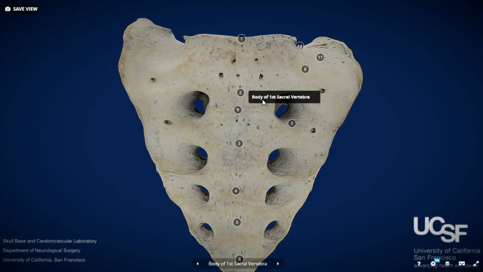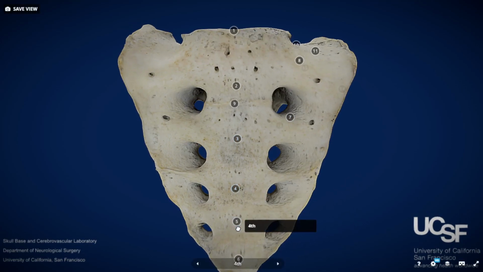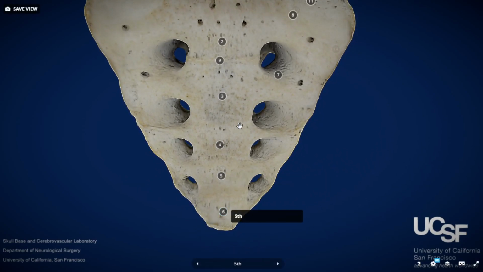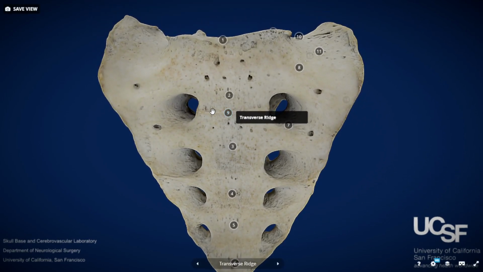Over the anterior or pelvic surface, we can notice the body of the first sacral vertebra, the second, third, fourth, and fifth. Each body is fused and has a crest at the place of their fusion, which is a transverse ridge.